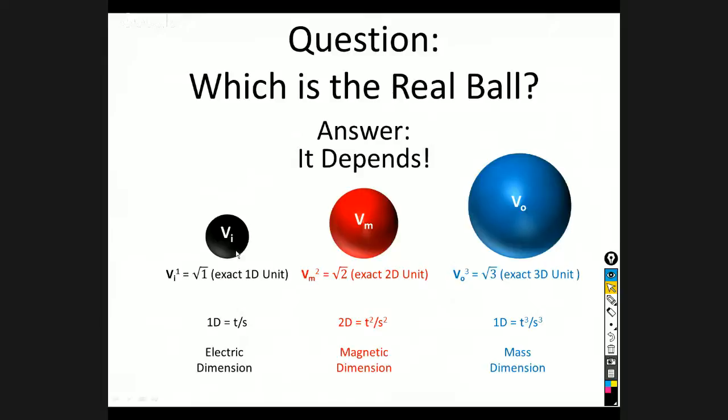So 2 to the 1, we could use 1D. 2 to the 2, we can use this diagonal. And then when it's 2 to the third, we use the actual exact diagonal in the stack. Does that make sense?